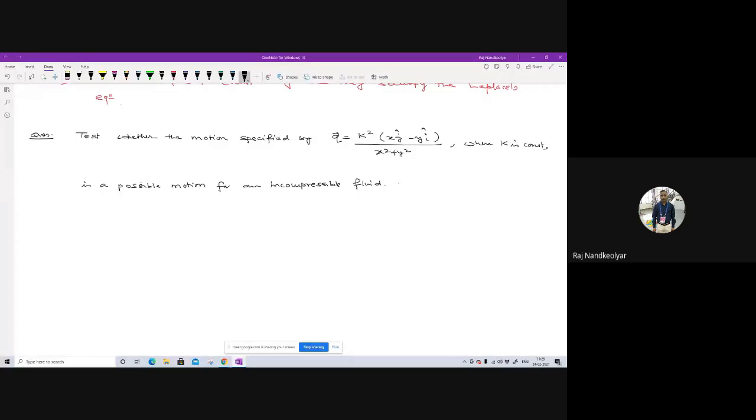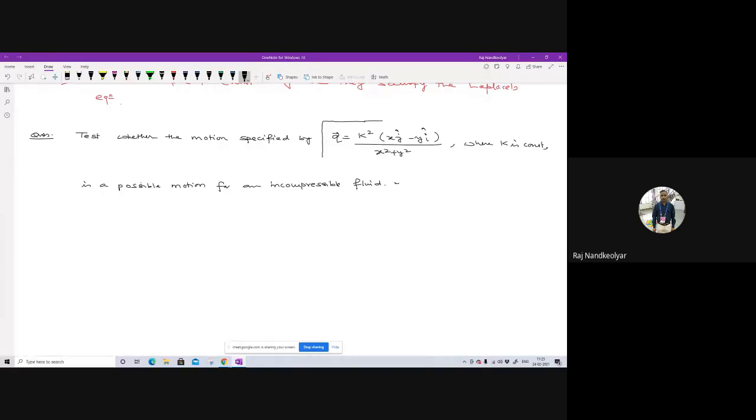So the first part is to test whether the motion specified by this. So what is this? Q vector equal to k square times x j cap minus y i cap upon x square plus y square. So this is a vector which is given.